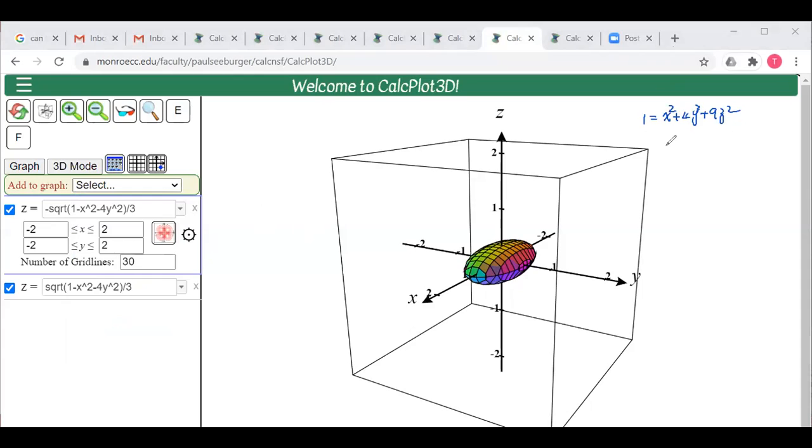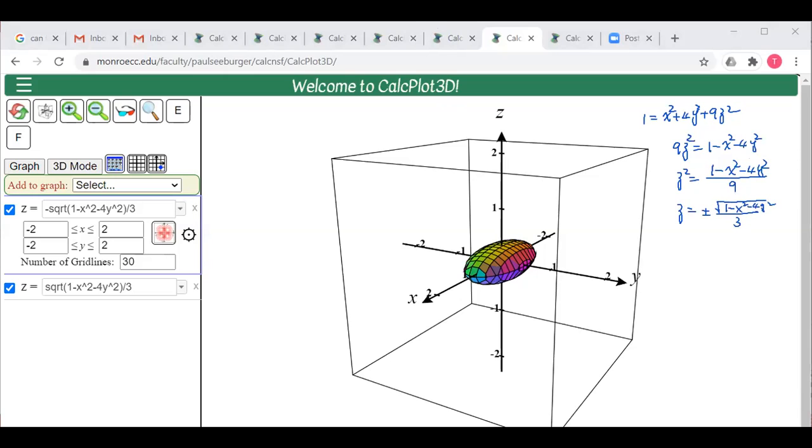You solve for z. So you say 9z squared is equal to 1 minus x squared minus 4y squared. Then z squared is going to be, this is 9, right? So this is 1 minus x squared minus 4y squared over 9. So z is going to be plus or minus 3 times the square root of 1 minus x squared minus 4y squared.